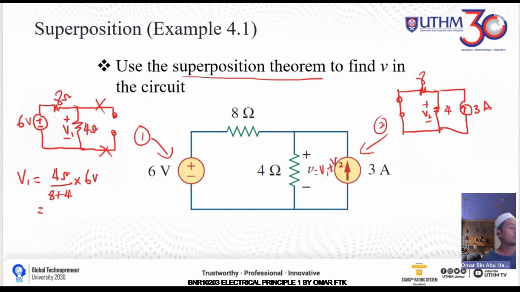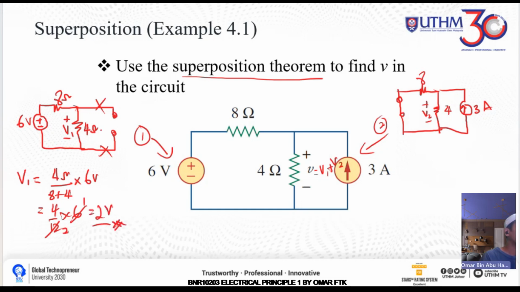So what is the voltage for V1? Norin, can you get it? Yunis, can you calculate this? 8 plus 4 is 12. 4 over 12 times 6, so 4 over 2 is 2 volt.